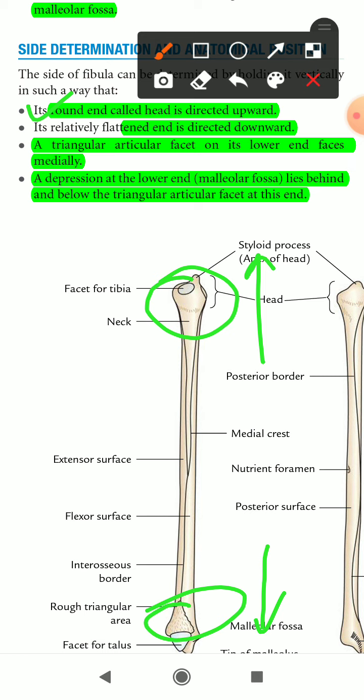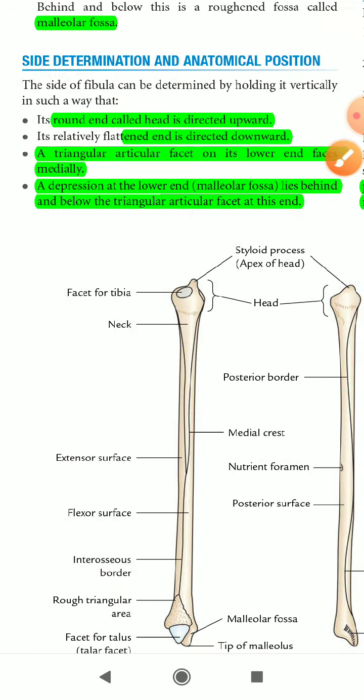And the triangular articular facet in the lower end will face medially, and the depression or the malleolar fossa lies below and behind the triangular facet. So that's all from the fibula.